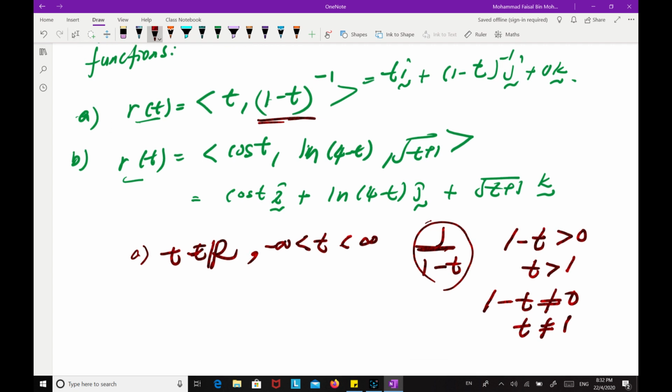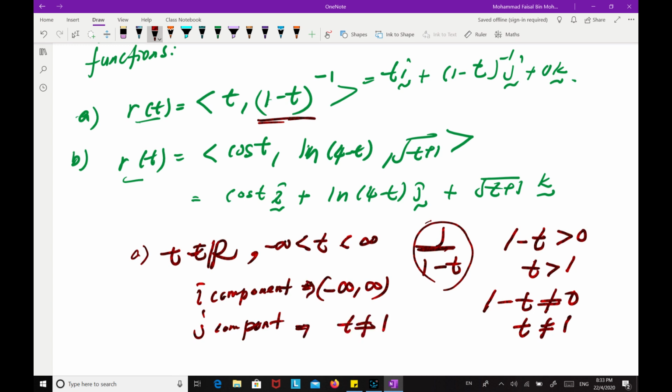For i component, your domain is t negative infinity to infinity. But for j component, your domain will be t not equals to 1.